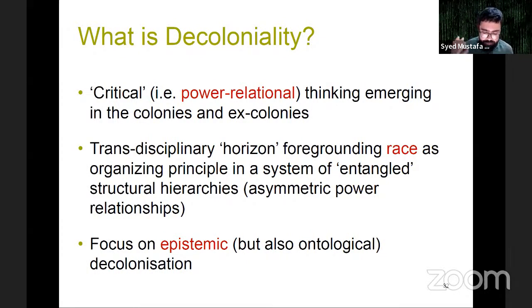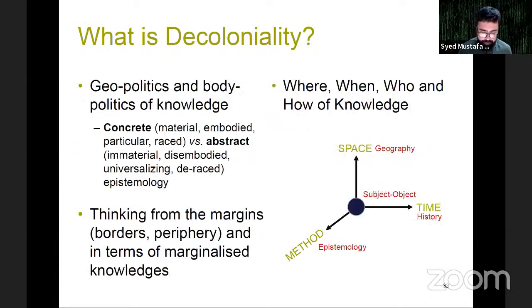Decolonial thought tends to focus on epistemological concerns, that is, the production of knowledge and who counts as a knower, although this should not be understood to preclude considerations of ontological concerns, specifically what it means to be human, who counts as human, and who gets to determine this.